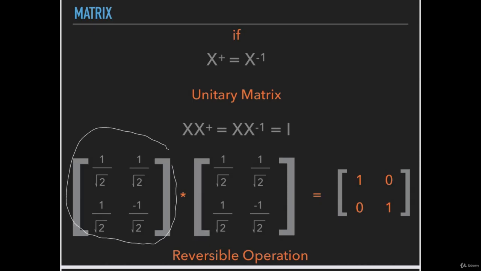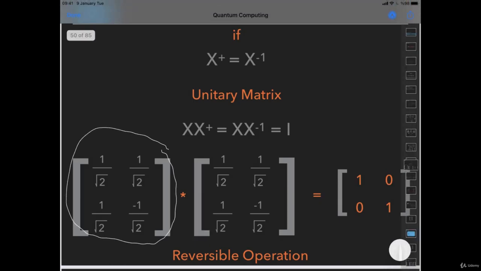So let's consider this first matrix. How do you get the adjoint of this? Of course, you draw a diagonal and then you switch the left-hand side with the right-hand side, right? As you can see, the element over here is 1 over square root 2, and if you switch it, nothing will change. And if you apply the complex conjugate, it won't change anything because we don't have any imaginary number over here.